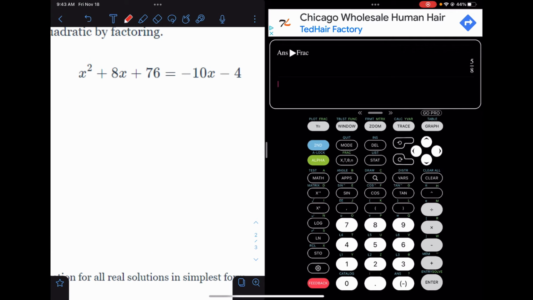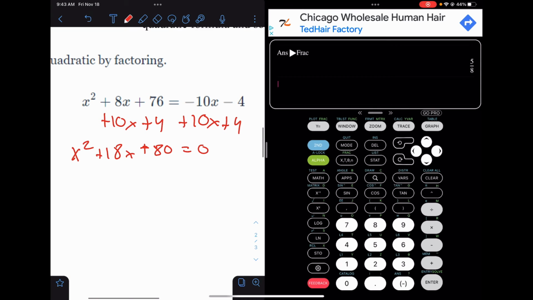So to solve by factoring, of course, we need to get everything on the same side. So we're going to add 10x, then we have to add 4, add 4. So we get x squared plus 18x plus 80 equals 0. And then when we're trying to use the factoring method, we have to figure out what multiplies to this number and adds to this number.